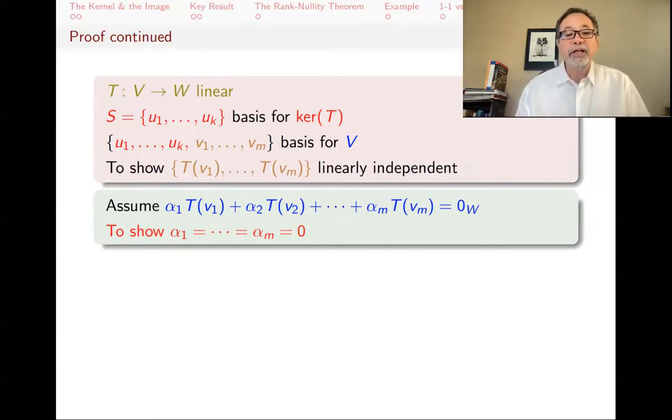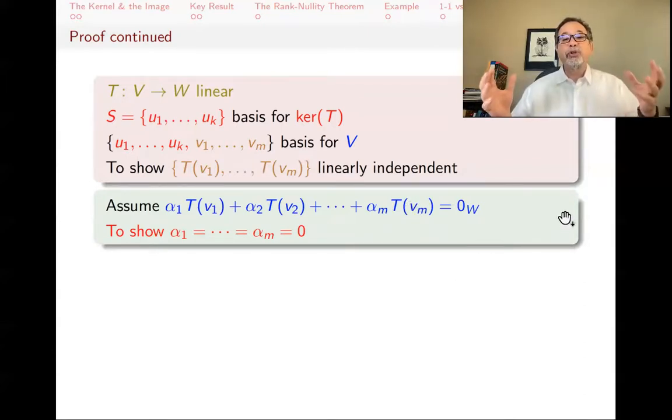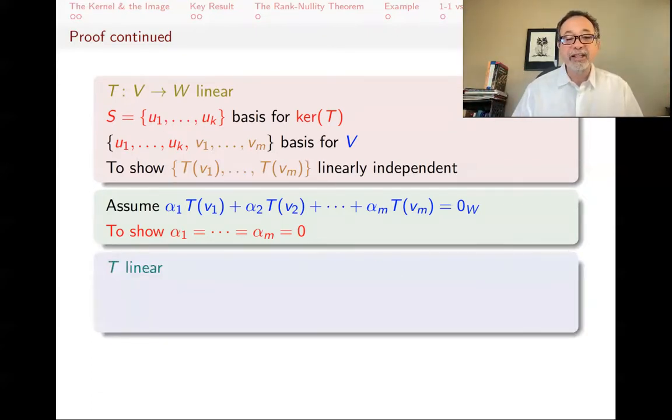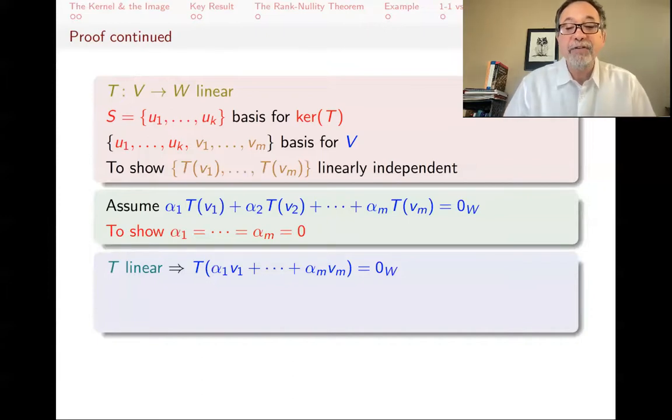Okay, what am I going to do? So now here's where the fact that T is a linear transformation comes in. If you have this linear combination of T's equal to 0, because it's a linear transformation, you have an irresistible urge to combine all of them together. And so because T is linear, you can write T of alpha 1 V1 plus all the way till alpha m Vm equals the 0 vector. Why? Because T is linear.